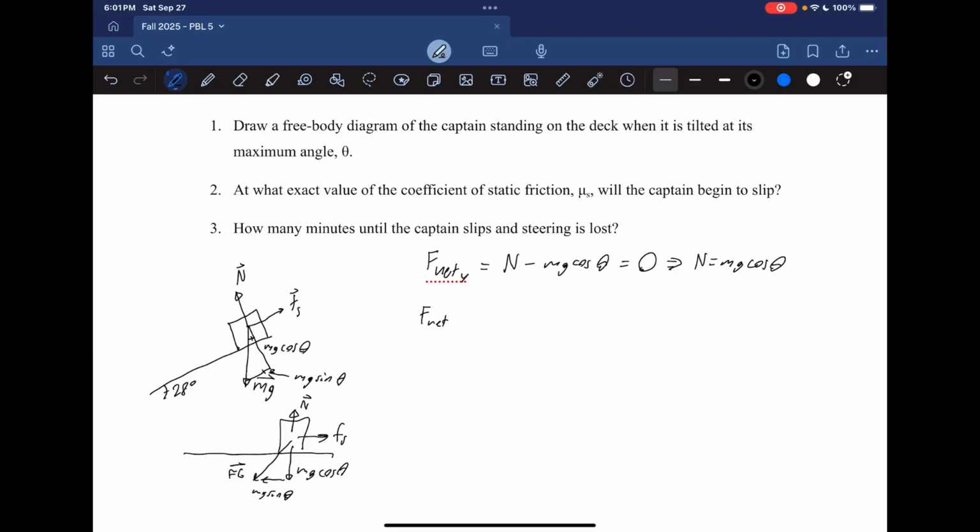If we do the net force in the x direction, we have that it is equal to 0, since this is a static problem at this moment. And this is going to be equal to mu sub s times n, which is the force of static friction.